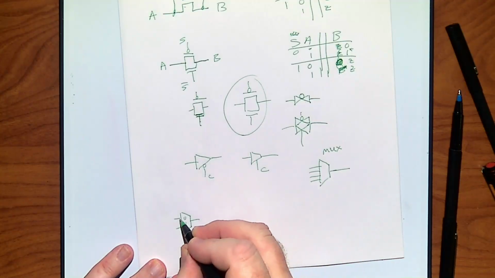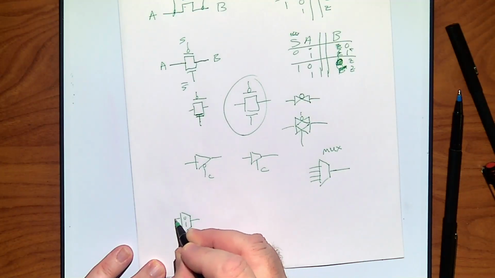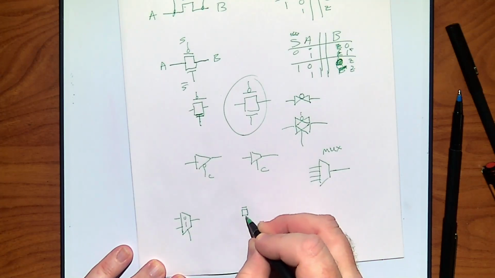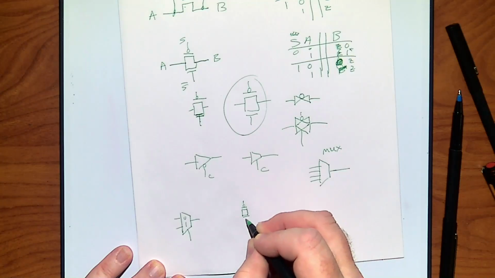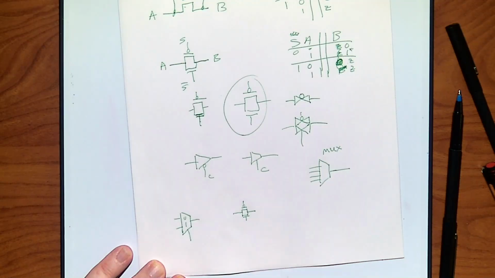So I want, when it's a 0, I want this one to connect. How would I do that with a transmission gate? When it gets a 0-1 control, I want the transmission gate to open.